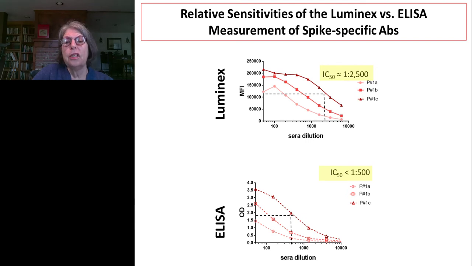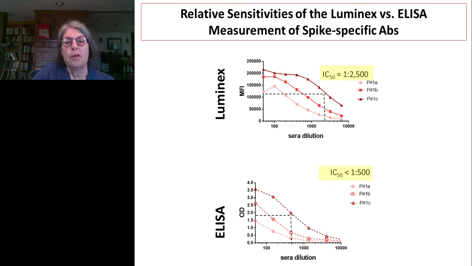They're color-coded here, so this is the specimen from day 8 in sort of salmon color. In red is the specimen from day 11, and in maroon is a specimen from day 15.